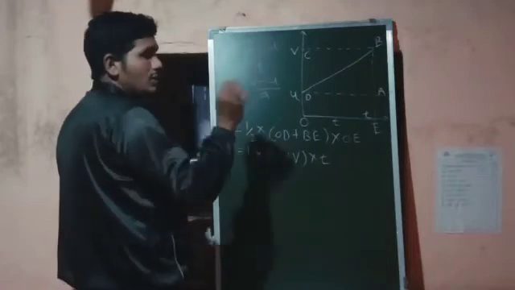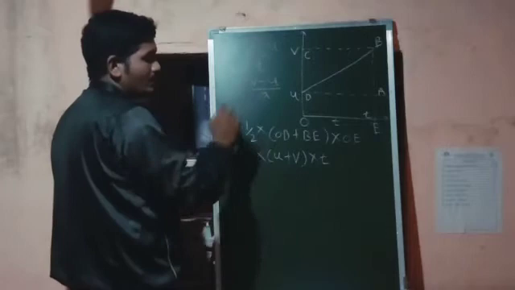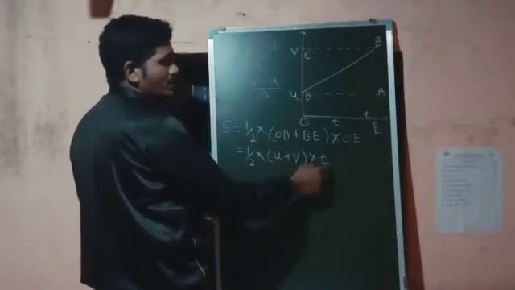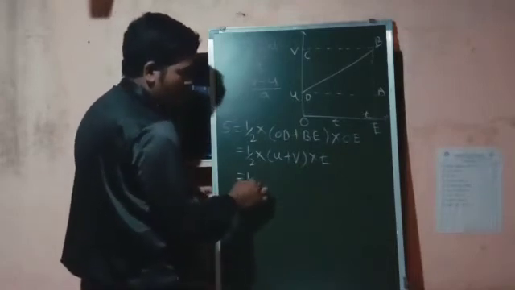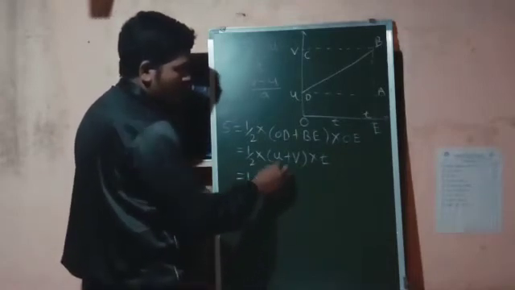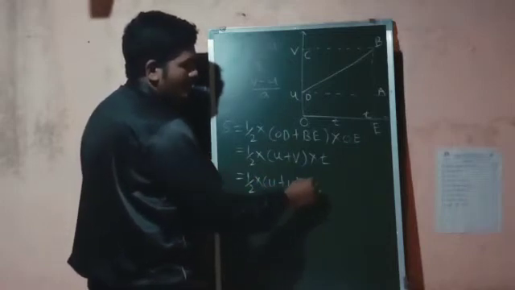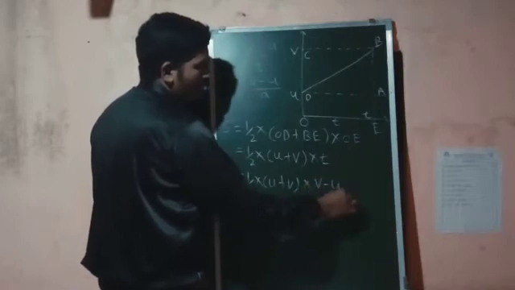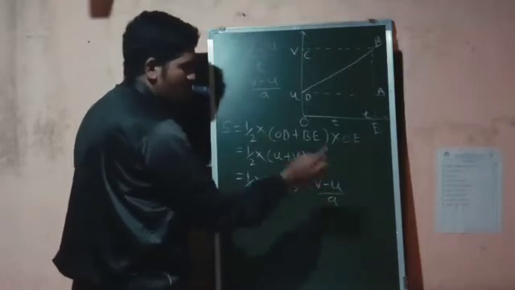So the value of T will be V minus U by A. Simply this value of T I will put here instead of T. So the entire equation will be as it is: half into U plus V, into V minus U divided by A. This is the value of T I have put here.